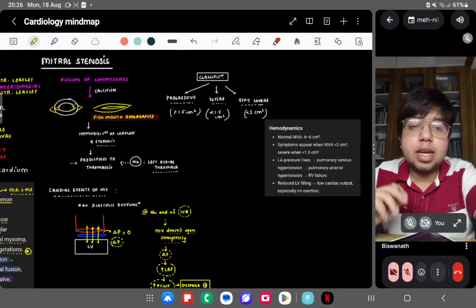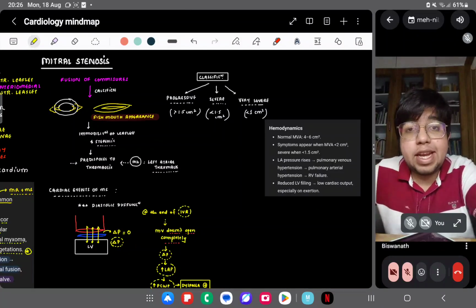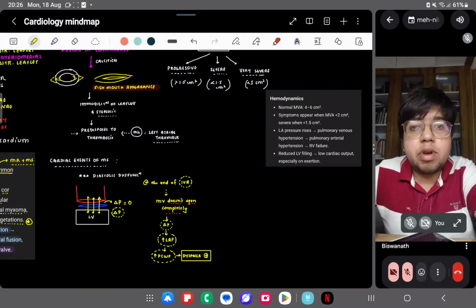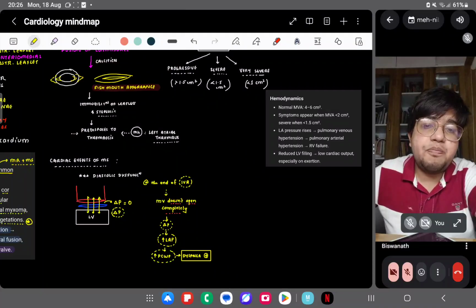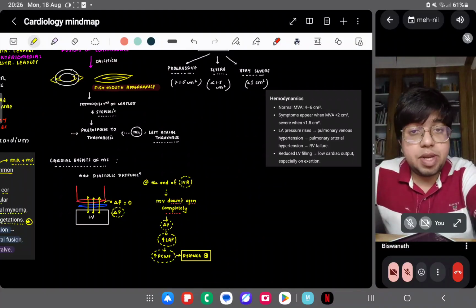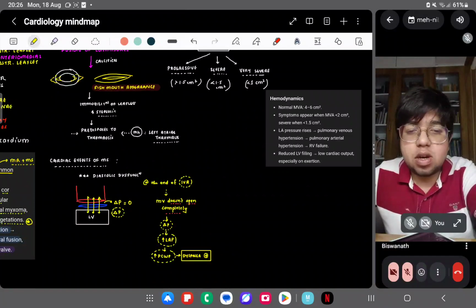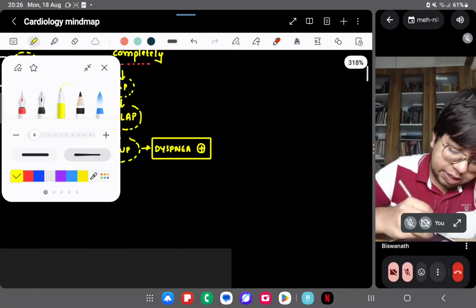Basically, you can see varieties of dyspnea here. You can have orthopnea, where the patient stands up and has dyspnea. You can have pulmonary edema as well. You can have paroxysmal dyspnea. PND is paroxysmal nocturnal dyspnea. These types of dyspnea are common, but here the classical feature is dyspnea on exertion.